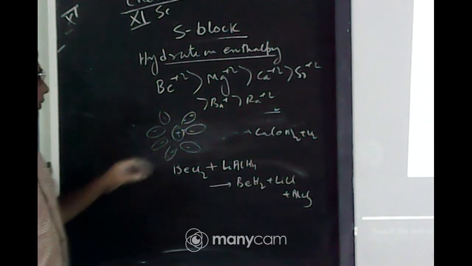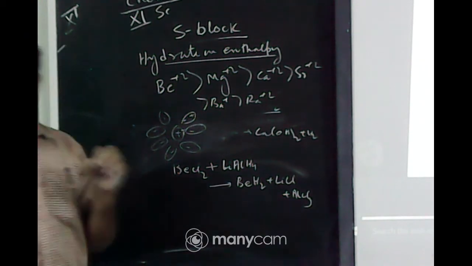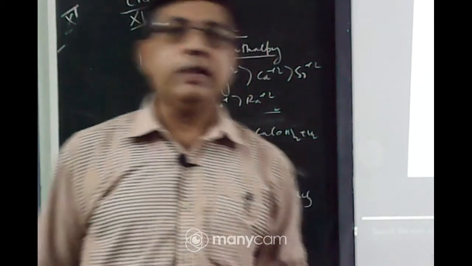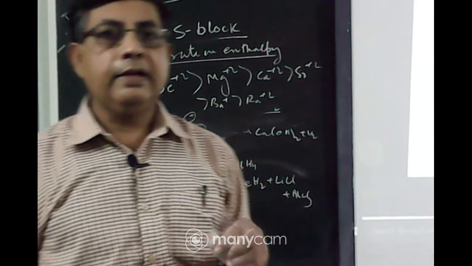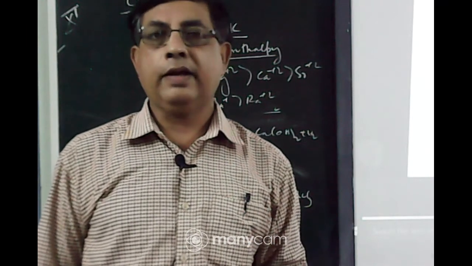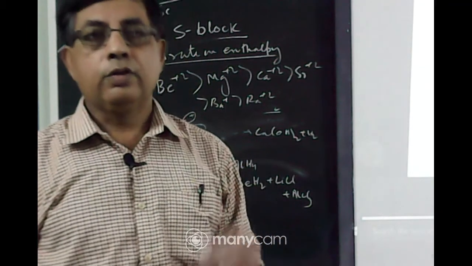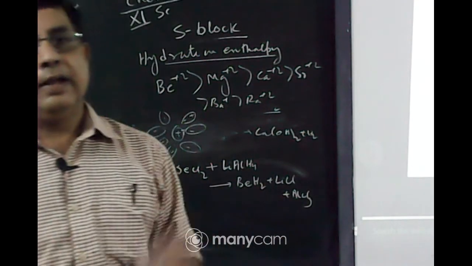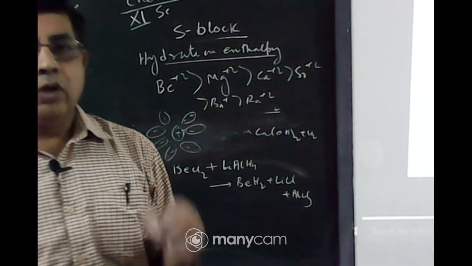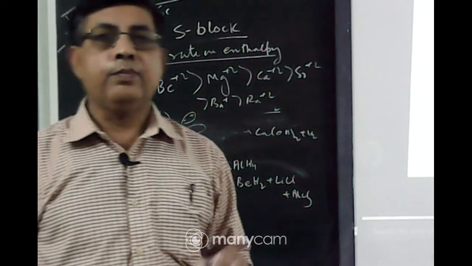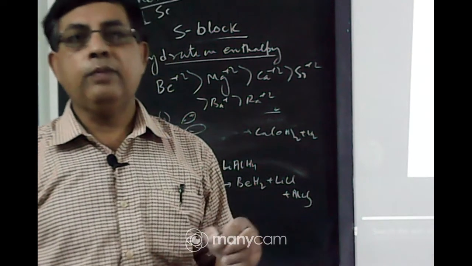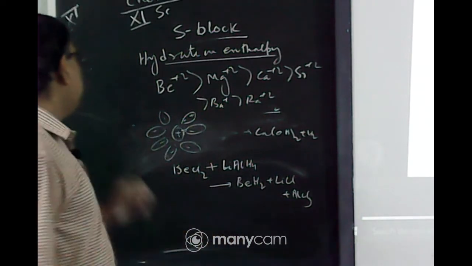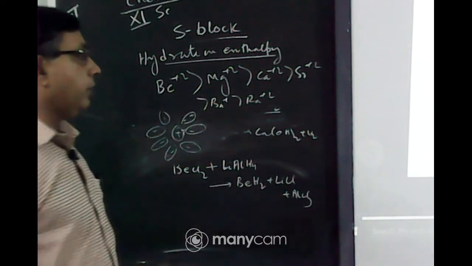This amount of energy released when a cation is dissolved in aqueous solution due to ion-dipole interaction is known as hydration energy. Now, hydration energy depends upon the charge of the cation and the size of the cation. Smaller the size of the cation and greater the charge of the cation, greater will be the hydration energy. For all the alkaline earth metals the charge is the same, +2, but size is minimum for beryllium and maximum for radium. So, hydration energy is maximum for beryllium and minimum for radium.